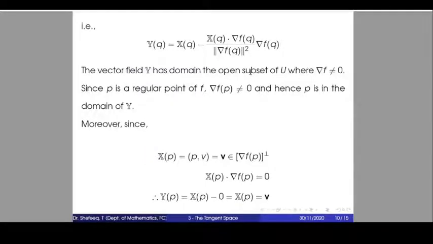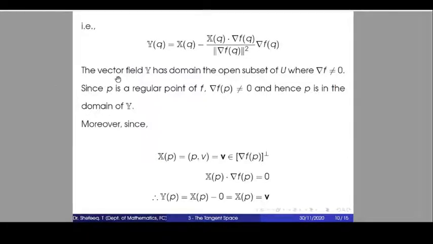Here the component of b along a means vector a dot b divided by mod a square into a. So by using that result we can write x of q dot del F of q divided by norm del F of q whole square into del F of q.